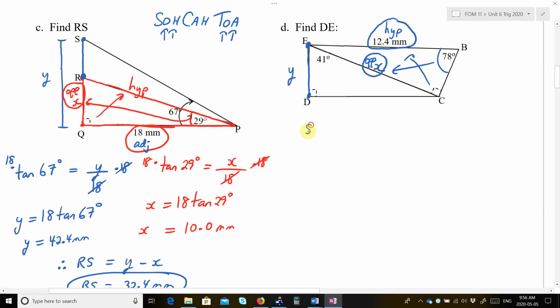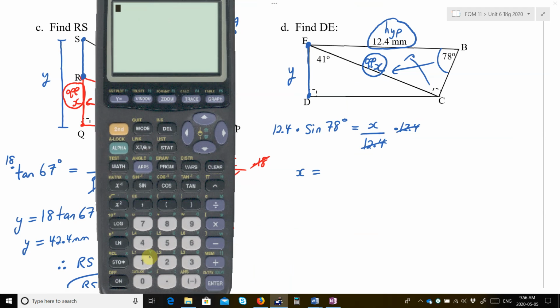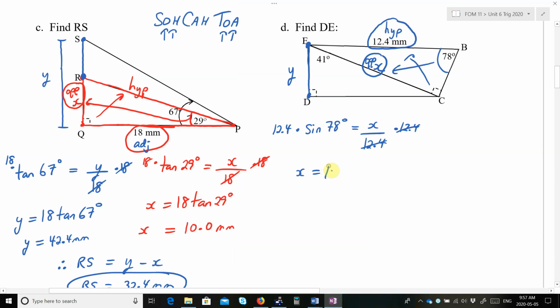So it would be sine 78 degrees equals x over 12.4, opposite over hypotenuse, and then multiply both sides by 12.4. So x equals 12.4 sine 78, which is 12.1.